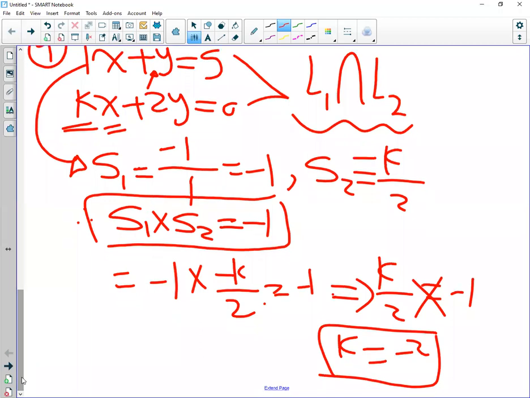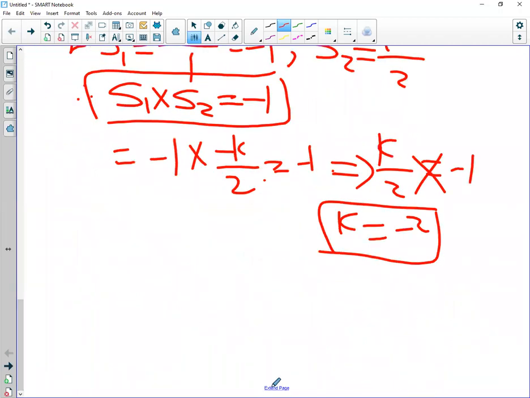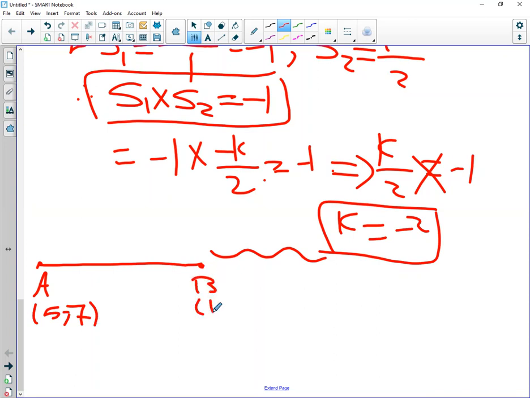Yes, that's right, x1 plus x2 over 2. This is the line segment AB, point A is (5, 7), and point B is (1, -1), and we need to get the center of AB.